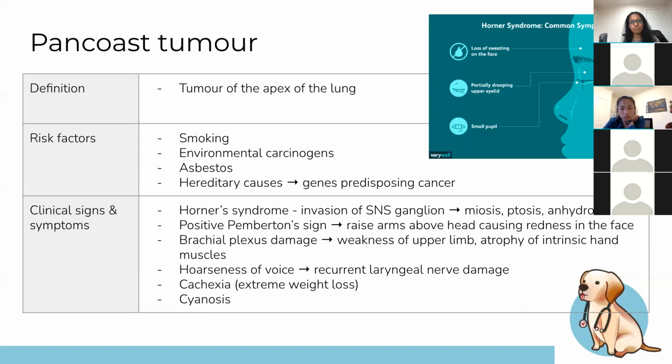You can also have Pemberton sign. So this tumor might actually grow to the size where it will be a mass that compresses on the SVC, or your superior vena cava. So Pemberton sign is when you get the patient to hold their hands above their face for around 30 seconds, and it causes a redness in their face.